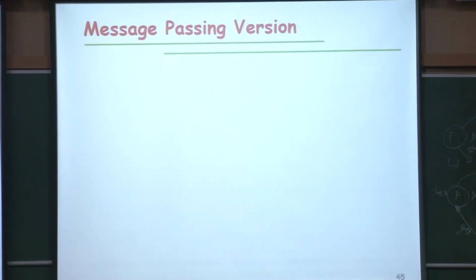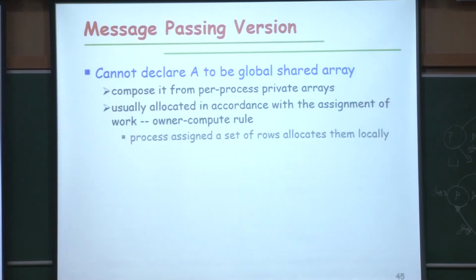I can't think of this as one huge array of n by n, because there is no common shared memory, no shared address space. So, you can't declare A to be a global shared array. When you declare it as private, there is no need to declare the entire array, because you are going to work only on a block of data. You can declare only that part of it that you want.